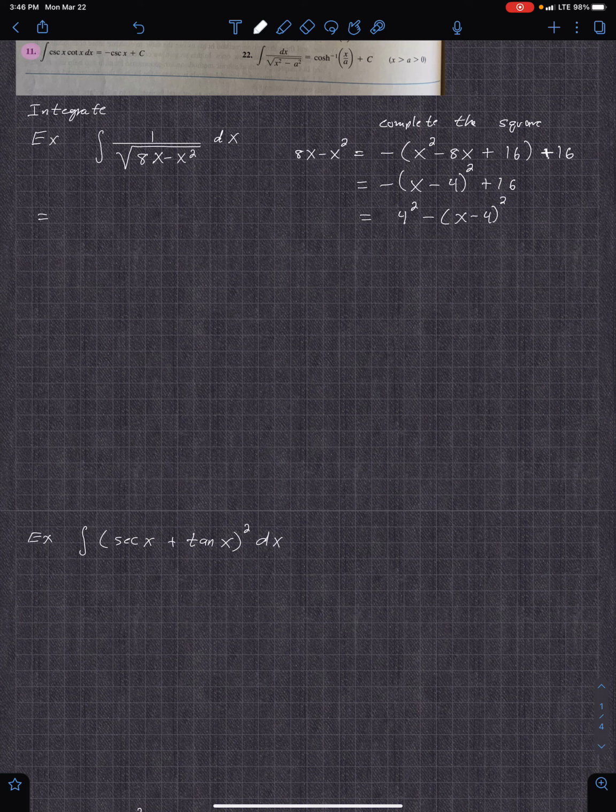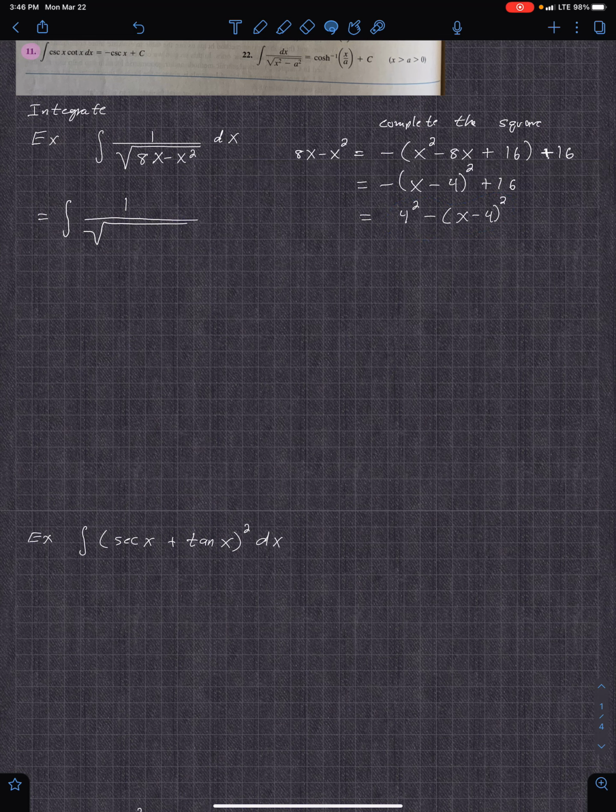So you rewrite this as the integral of 1 over the square root of, and then you put that in there. All of this goes in the radicand. Let's try that again.